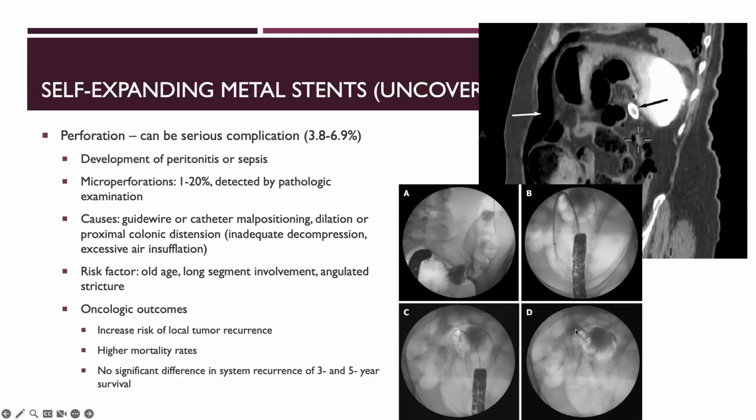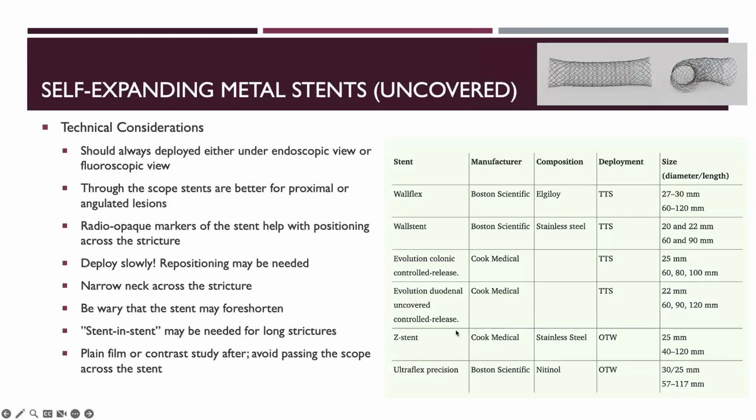So if you have a colonic stent that looks like this, it may work, but you want to keep following them longer than you would a stent that's going into a straight portion, because they may reocclude.